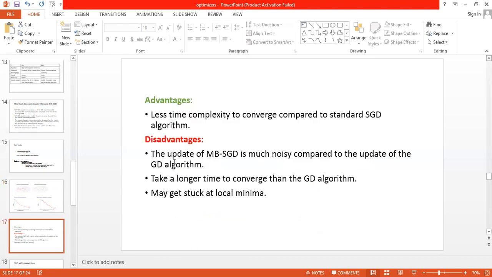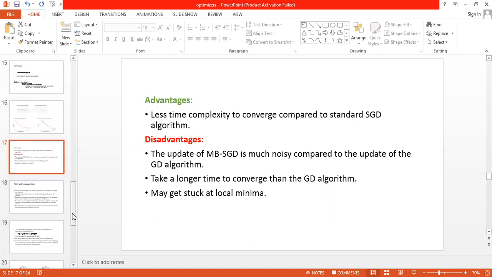The advantage is that it takes comparatively less time than SGD. The disadvantages are that the updates of MBSGD are much more noisy compared to the other optimizers, it takes longer to converge because of the noisy gradient calculation, and it may also get stuck in the local minima.